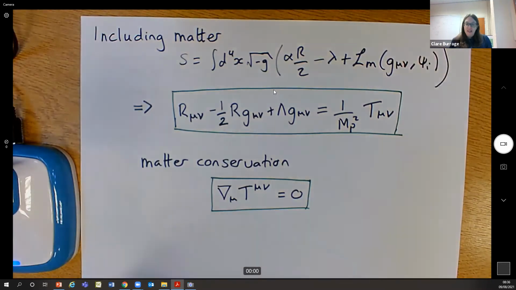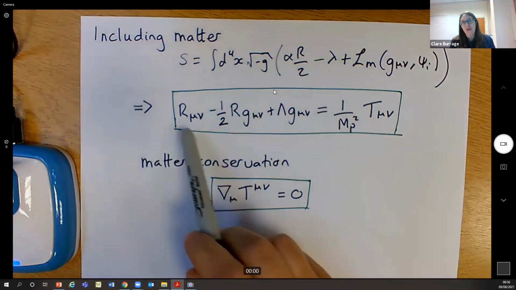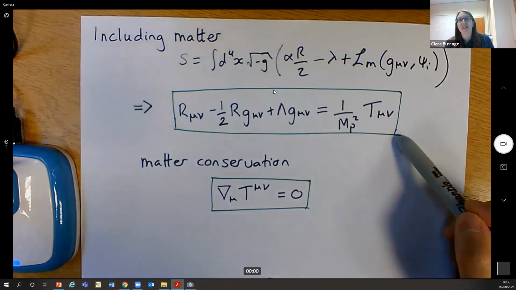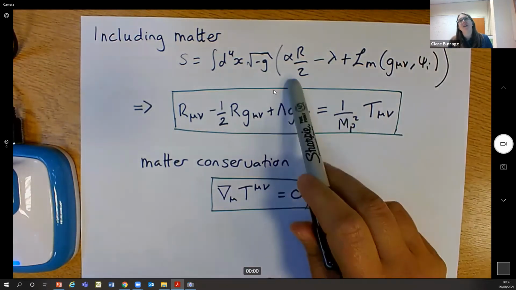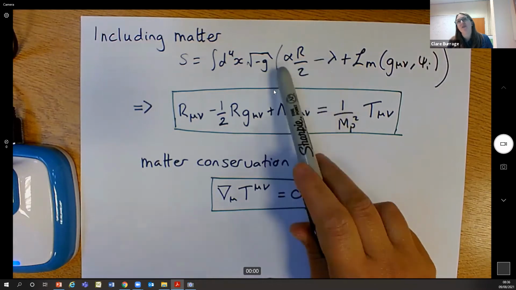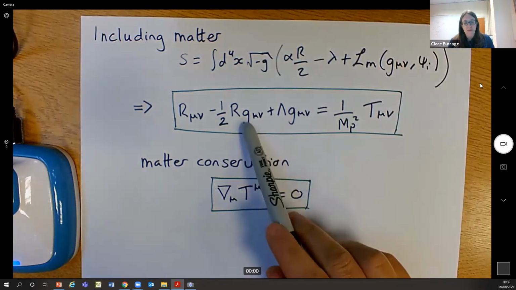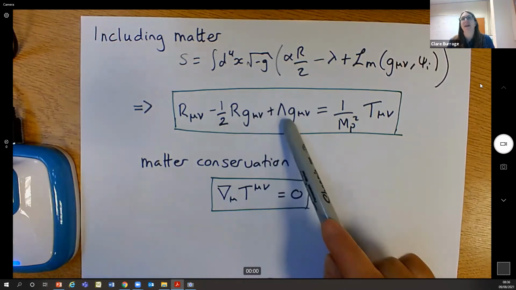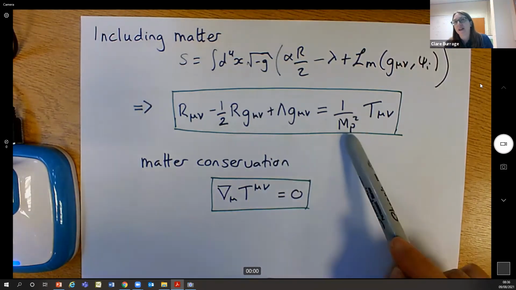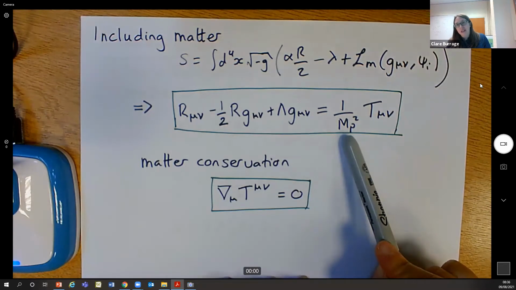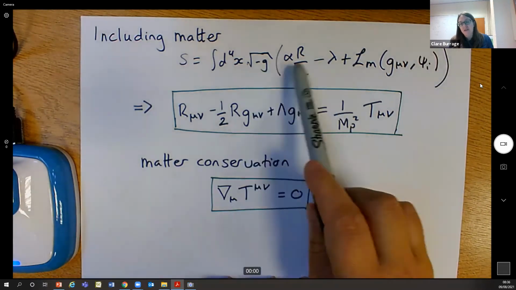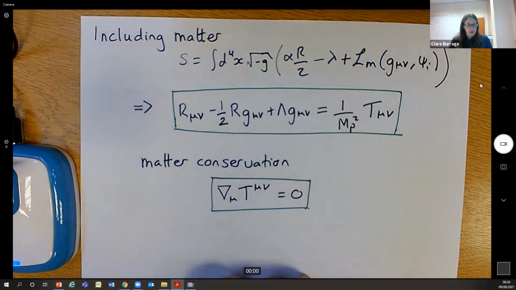And then putting that together, we get the Einstein equations, and our two unknown constants, which were alpha and lambda, then become the cosmological constant and Newton's constant, or the Planck scale. And we can fix those two unknown constants with measurements.